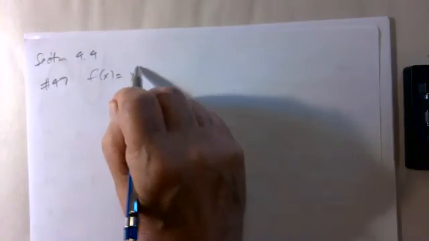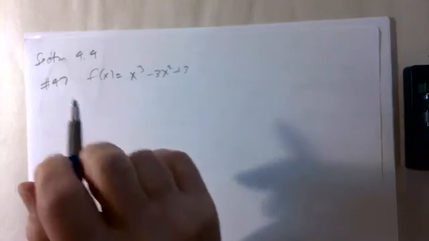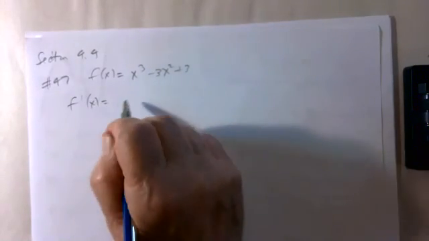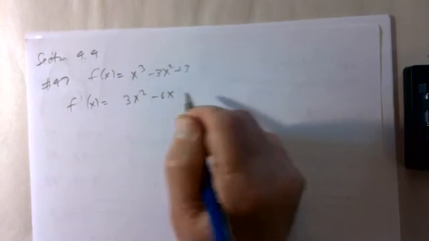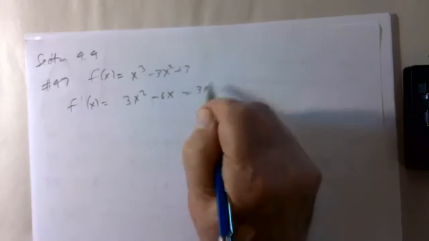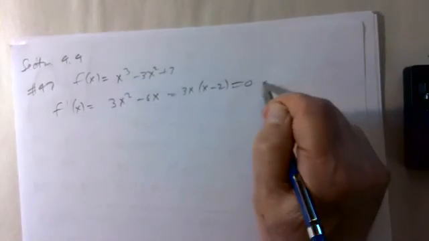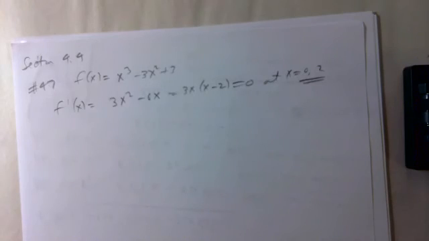So f of x is equal to x cubed minus 3x squared plus 3. The first derivative is 3x squared minus 6x. That's 3x times x minus 2. So this equals 0 at x equals 0 and 2. Those are the critical numbers.